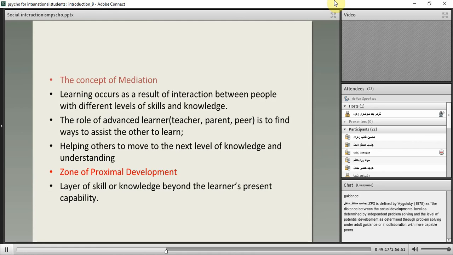So actual development in problem solving. It says the distance.